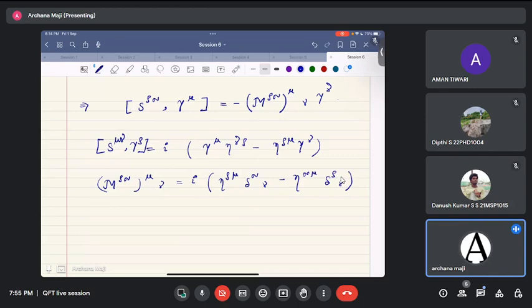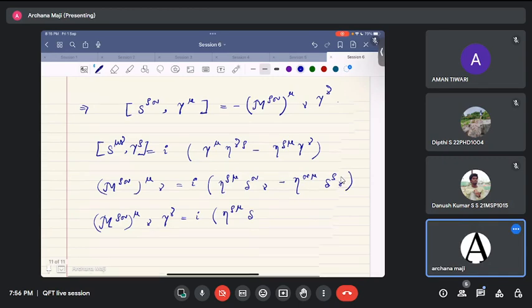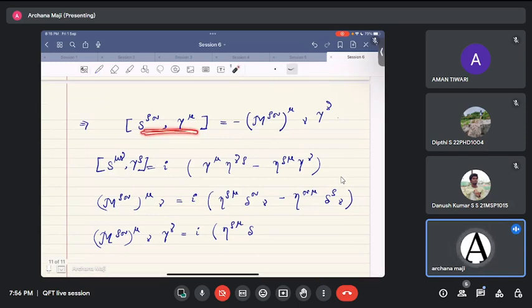Okay, so if I multiply this by gamma_nu, M^rho sigma mu nu gamma_nu, what will it become? i eta^rho mu gamma^sigma. The commutator here we have is in terms of rho sigma and mu index. Just let me do the change here.